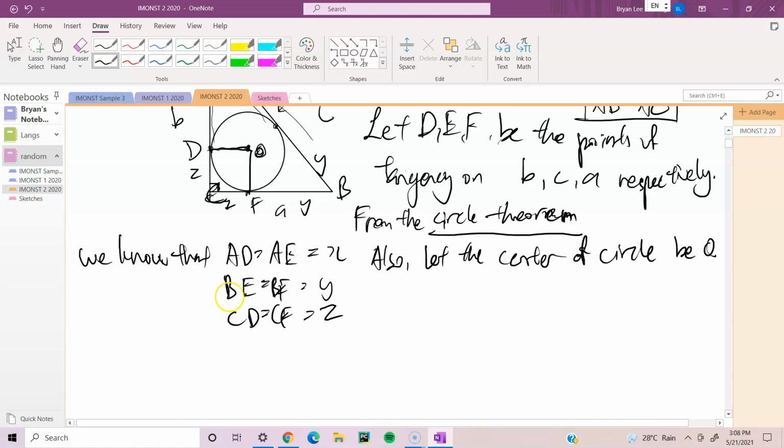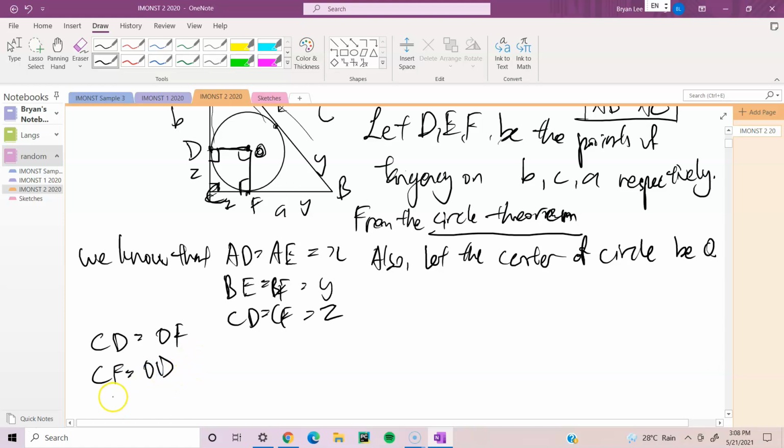Now, we can see that from our first circle theorem fact, this is 90 degrees. So we would have CD equals OF, and then we would have CF equals OD.